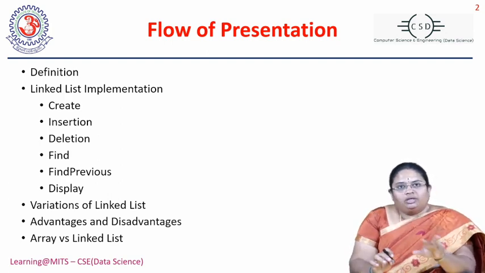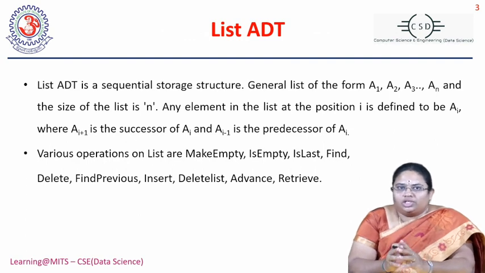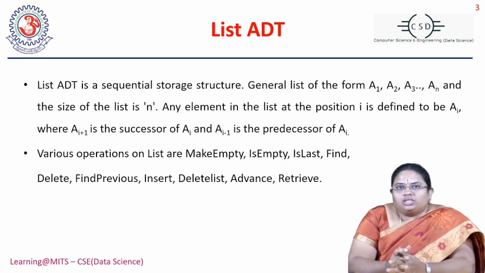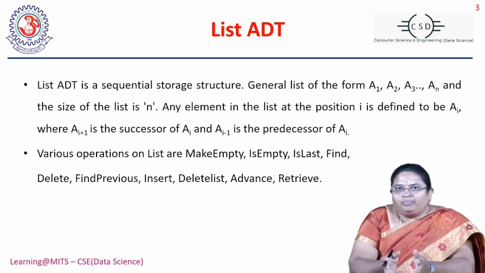List ADT, the general definition that we are repeating from the previous lecture also. It's a collection of elements A1, A2, A3, etc. up to AN.